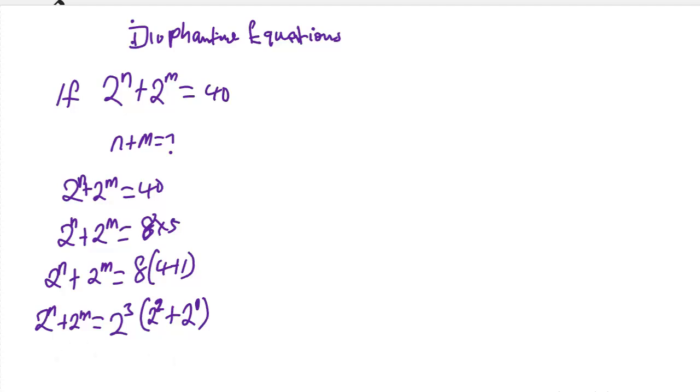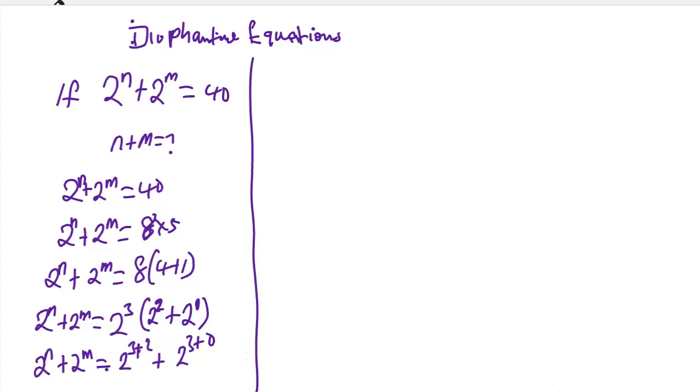So this implies that our 2 power n plus 2 power m will be what? This is 2 power 3 times the sum, so we can have 2 power 3 plus 2 here, and here, so this is addition, we can have it as 2 power 3 plus 0.